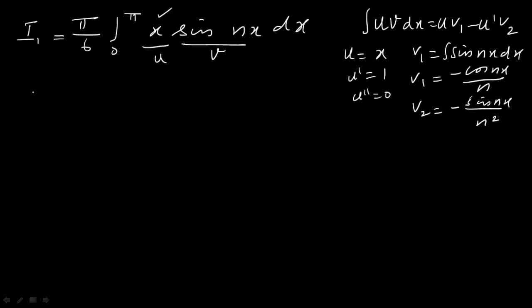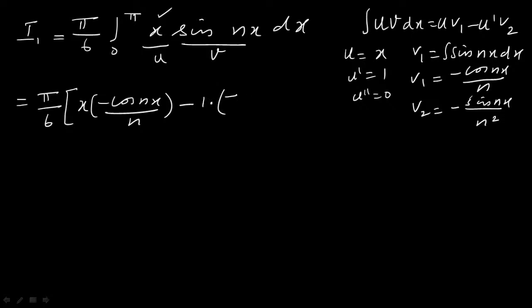So substitute in the formula: pi by 6 u v1. U is nothing but x, v1 is minus cos nx divided by n, minus u dash is 1, v2 is minus sin nx divided by n square, with the limit from 0 to pi.